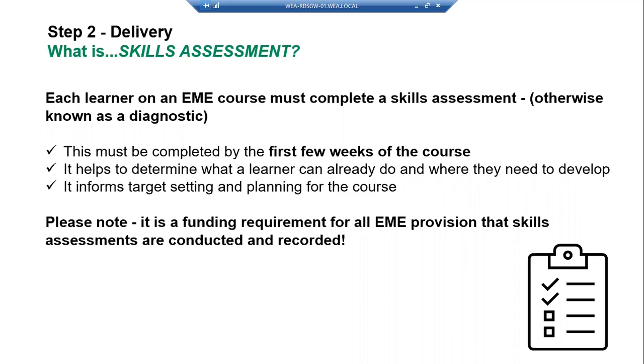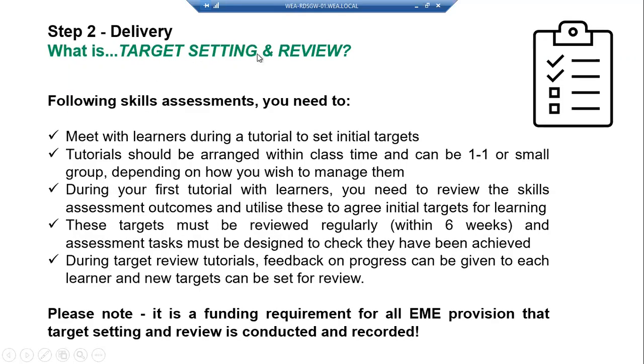And obviously, it's going to provide your initial target settings and help you to plan for that course. It's not in a red shining spinning circle, but it is a funding requirement for all the EME provision that these are conducted and recorded. So all elements of that can be found in your Canvas blueprint. And similarly for target setting and review.